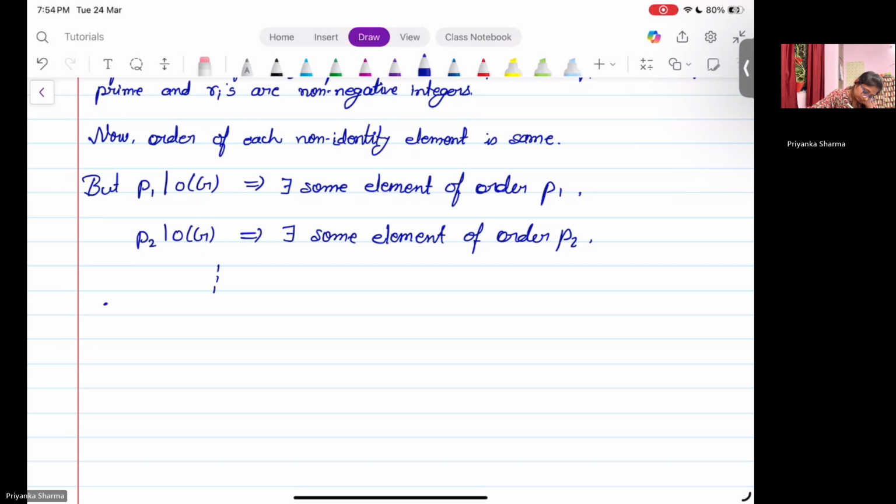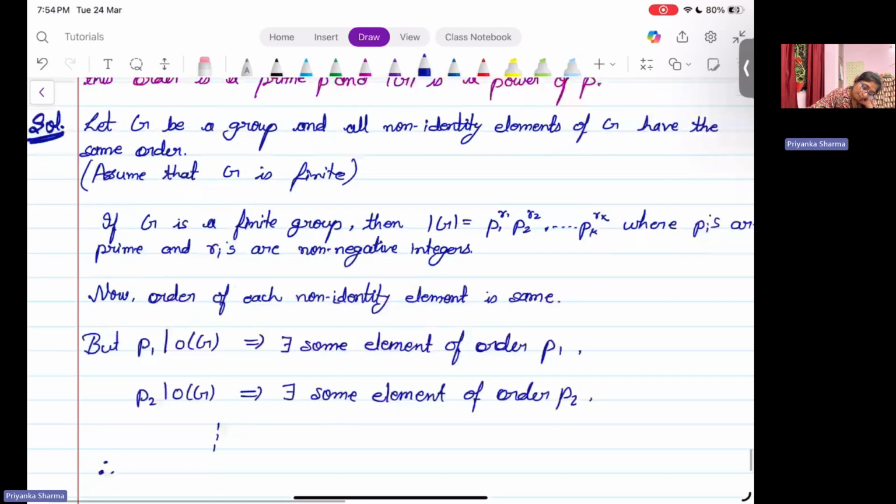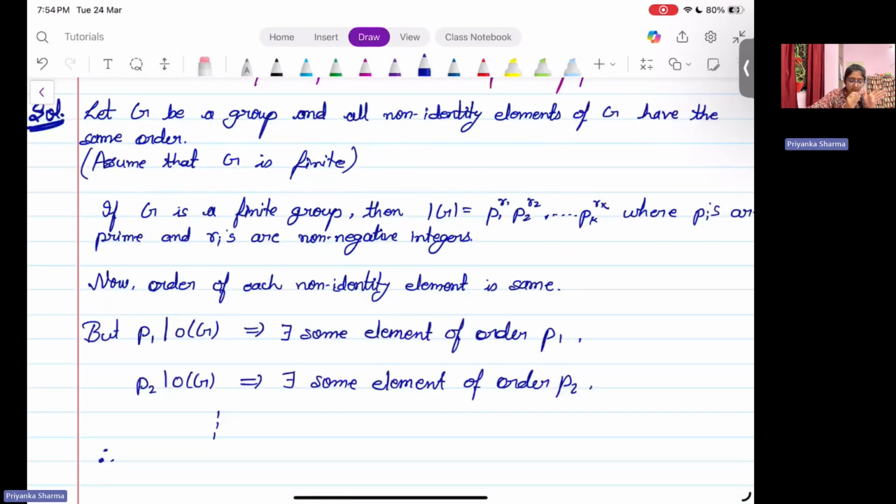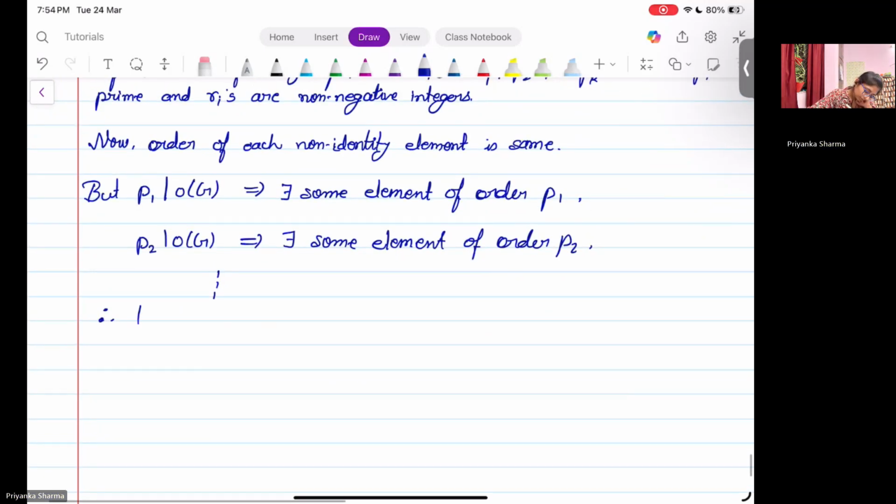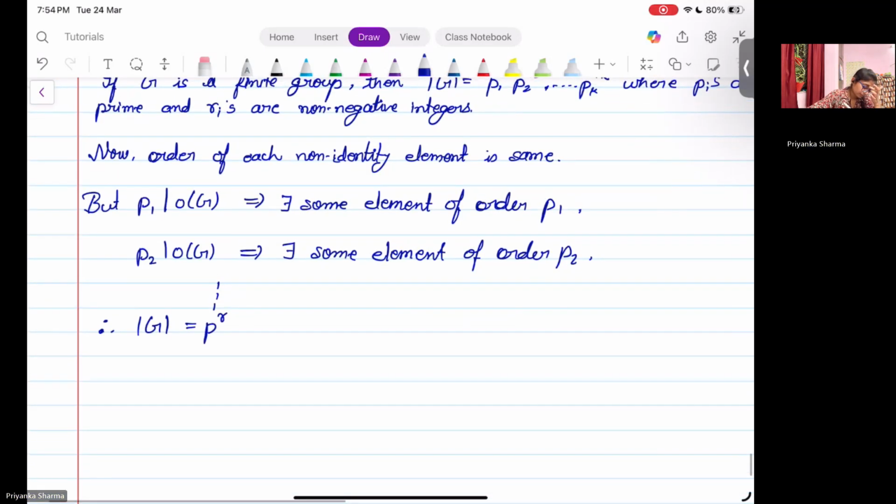Therefore, this prime factorization of the order of G will be reduced to a power of only one prime. Okay, therefore, this is P to the power R, where R is a non-negative integer.